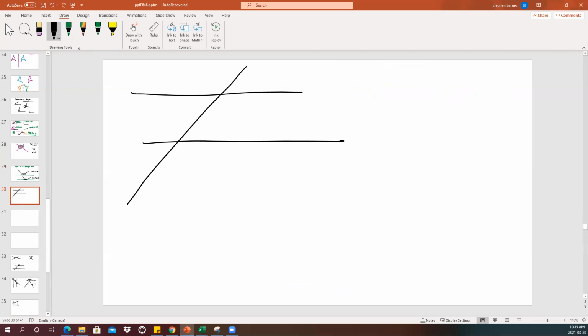Drawing these things too big. I can't help myself. I don't know how to draw them smaller.